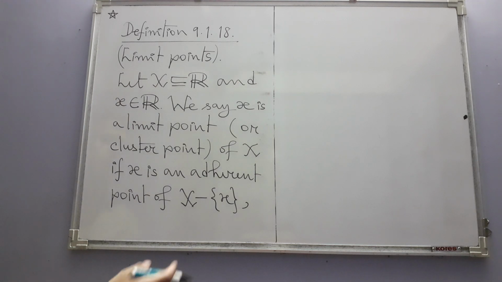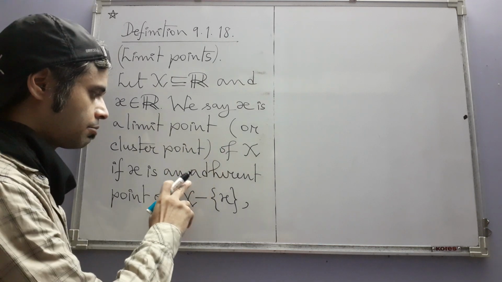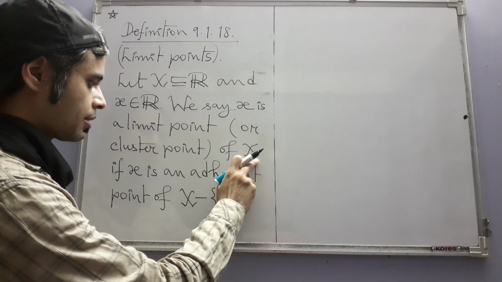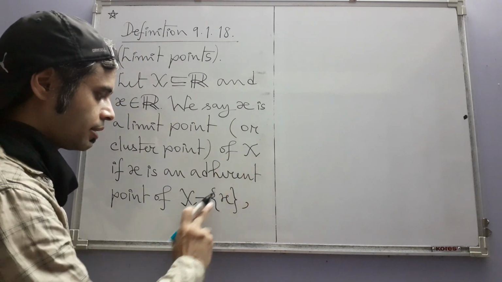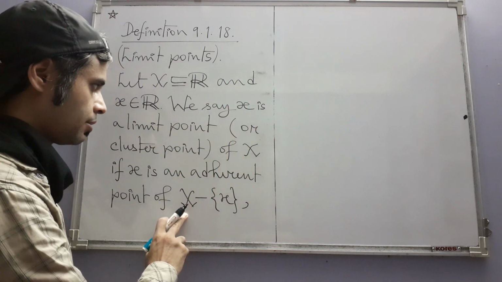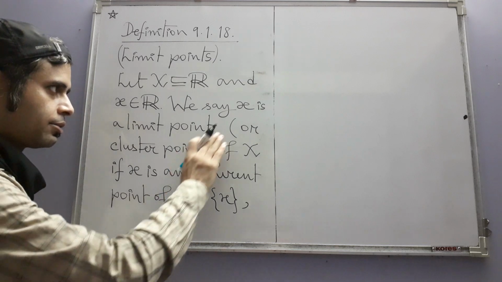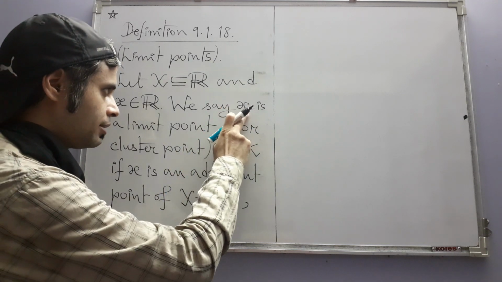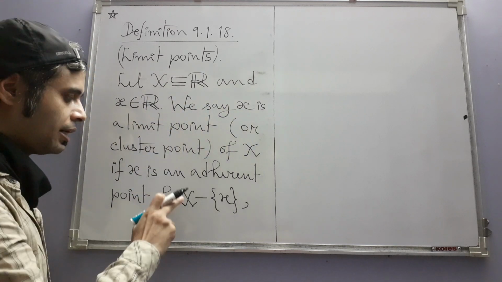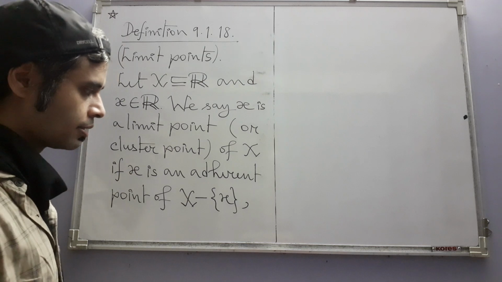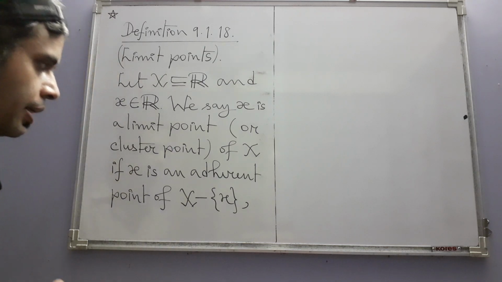So you can see that a limit point or cluster point is after all an adherent point again, but not of the set itself, but of this subset of X that you obtain when you remove this point x from X. Note that just like what we had in the definition of an adherent point, the point itself may not actually be an element of X. It may be, it may not be. Okay, so both the possibilities are there.